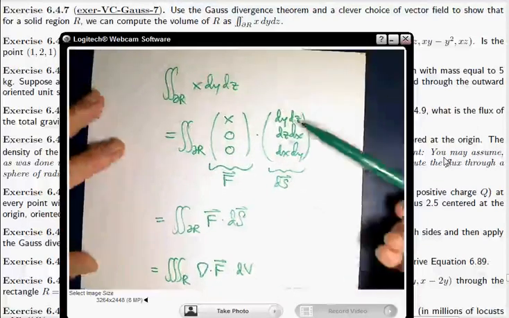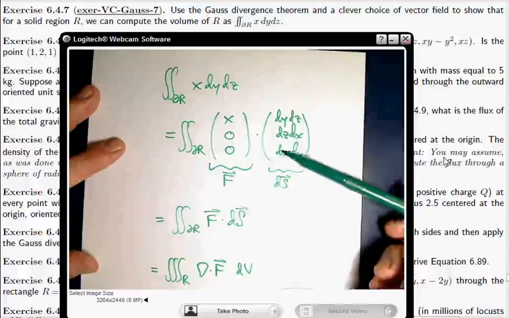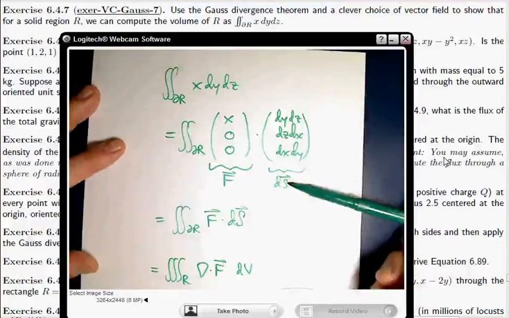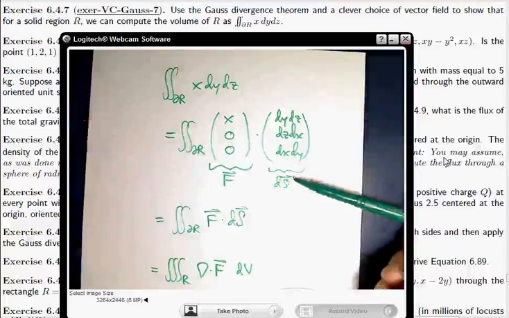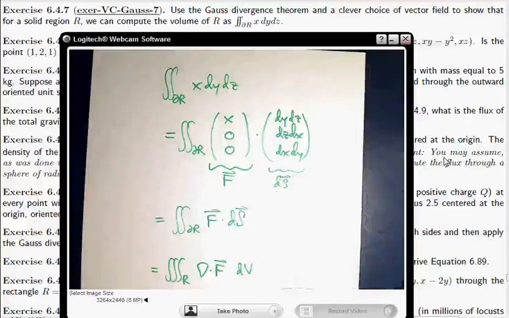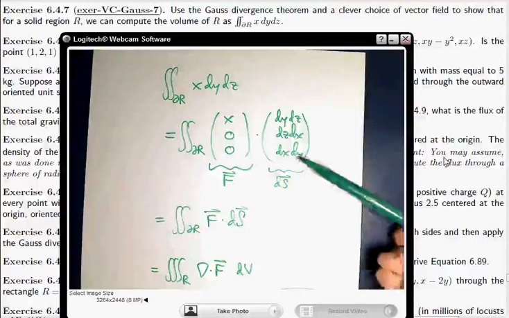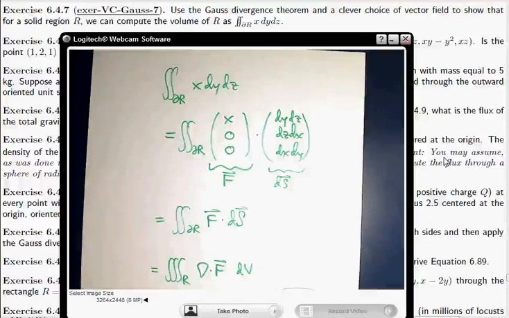So the reason we call this, for example, dx dy is because the third component of this vector is equal to the area of the projection of that piece of surface into the xy plane. So we just call it dx dy. Yeah, sure. And there's a bunch of details that go into seeing why that's true.